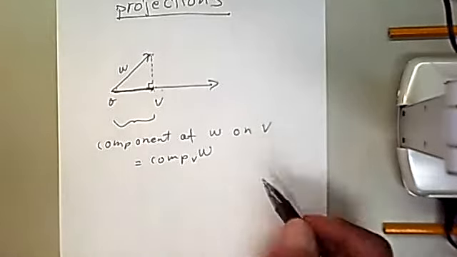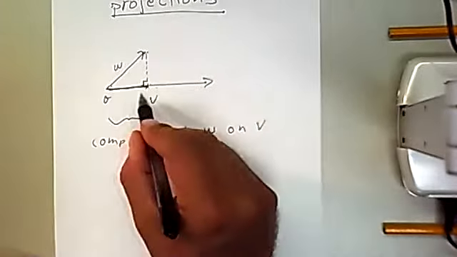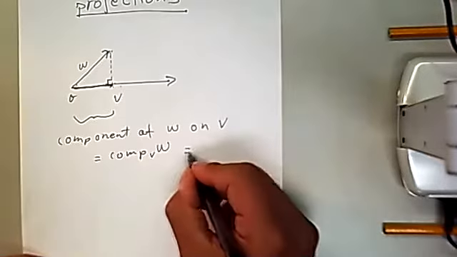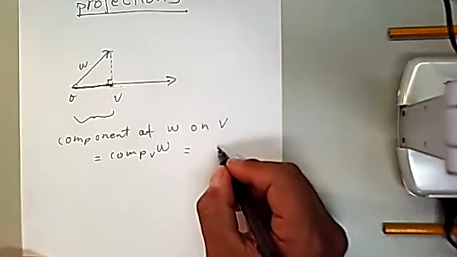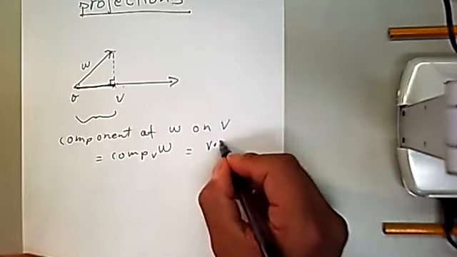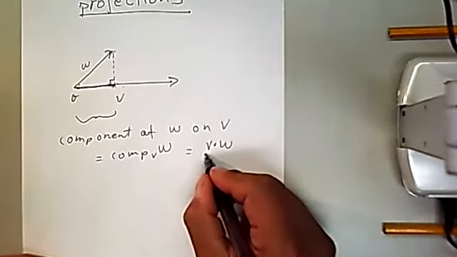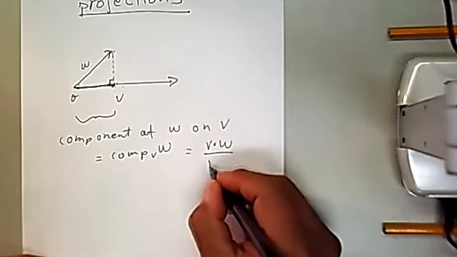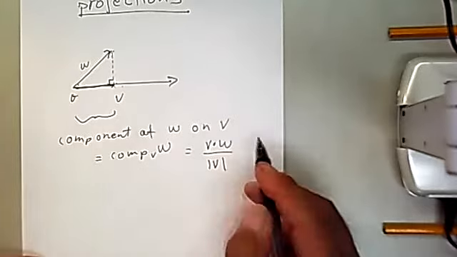So this is the length of that, and there is a formula for it. It is V dot W, so the dot product of the two, and then divide by the magnitude of V. That gives you the length.